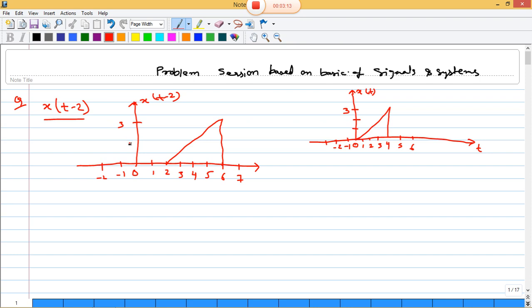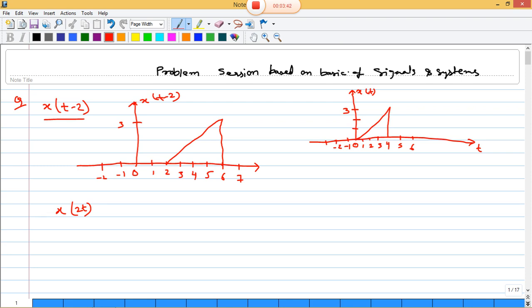Clear? Now if x(2t), so for x(2t), how can we draw? 2t is nothing but scaling of t by 2. So scaling by 2 means the same signal will be compressed by 2.